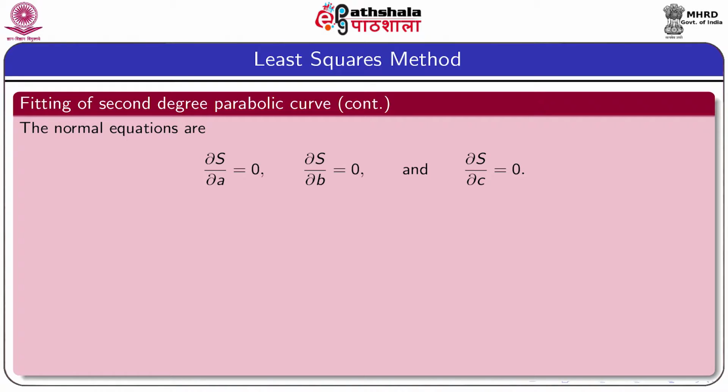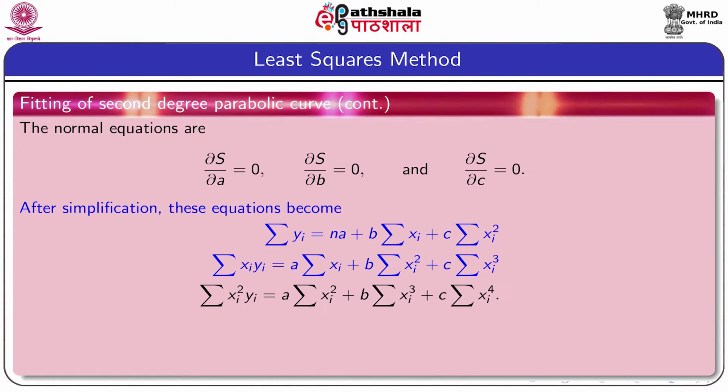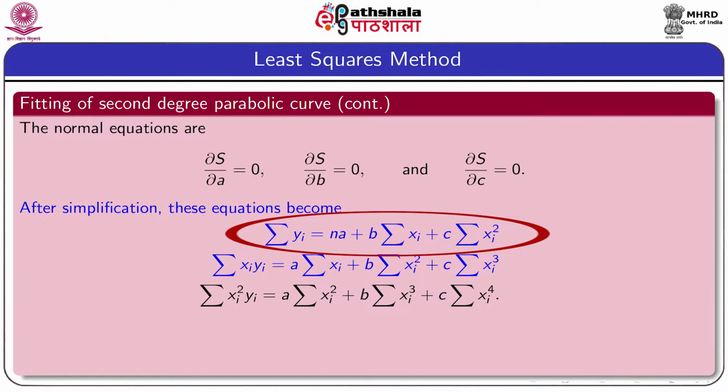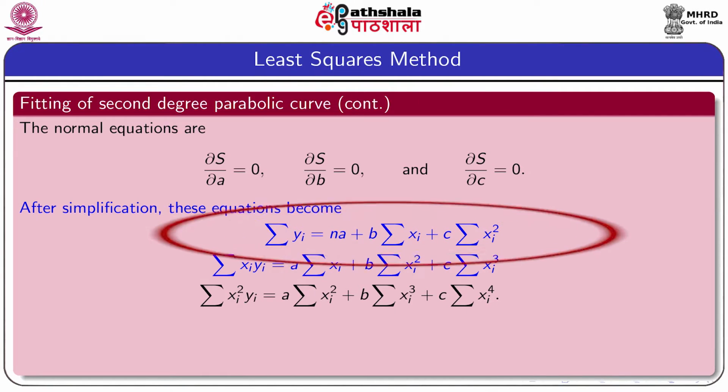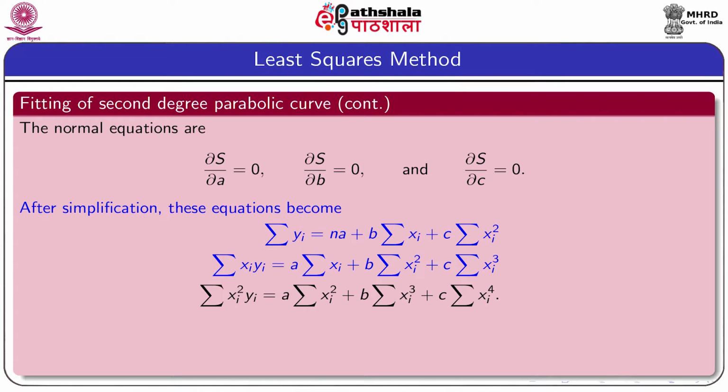The normal equations are ∂S/∂a = 0, ∂S/∂b = 0 and ∂S/∂c = 0. After simplification, these equations become Σyi = na + b Σxi + c Σxi².